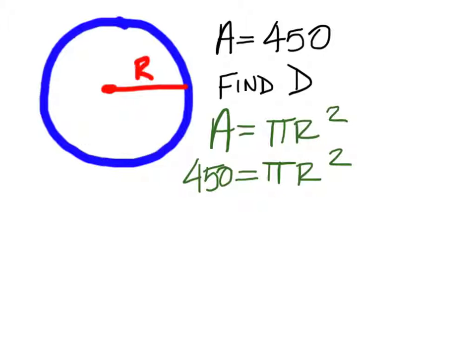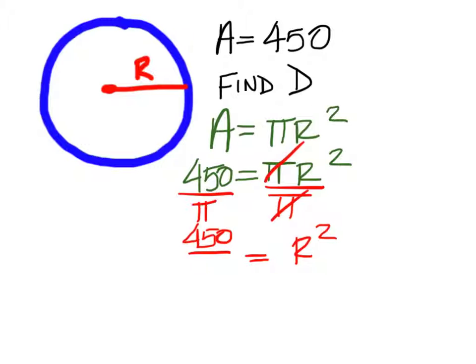To do that, you must divide both sides by what? Pi. So when you divide by pi, the pi's cancel out, and you're left with what on the right side? R squared. And on the left, it'll just be 450 over pi.